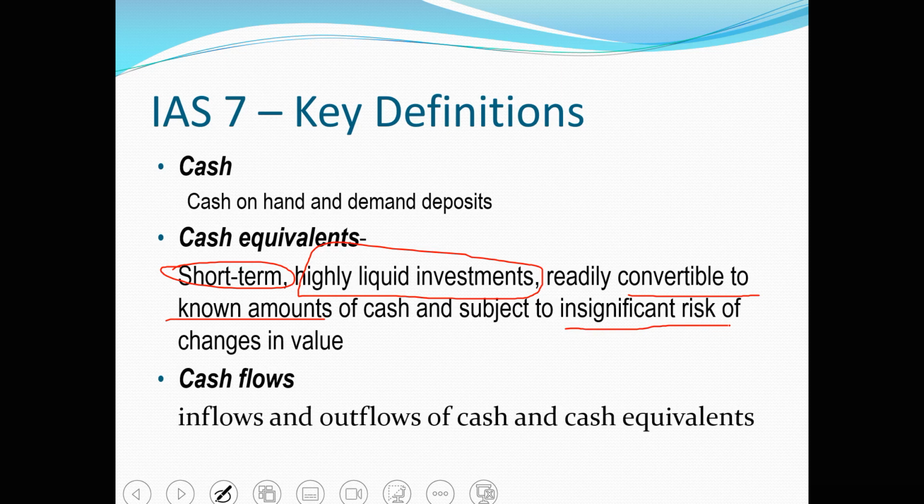Short-term investments, readily convertible, which means you know the amount you will get, and even if it will be different from what is in your books, the risk of change in value is insignificant.